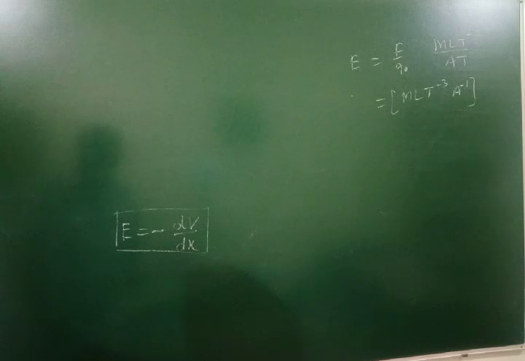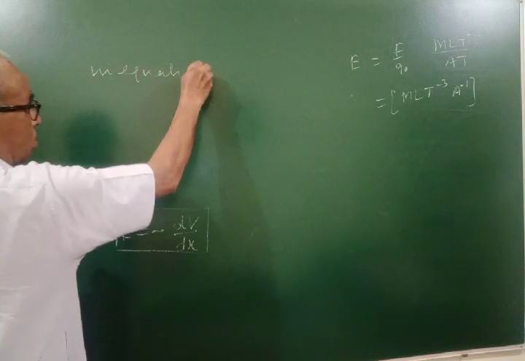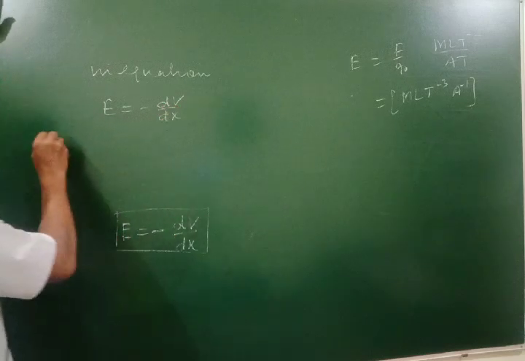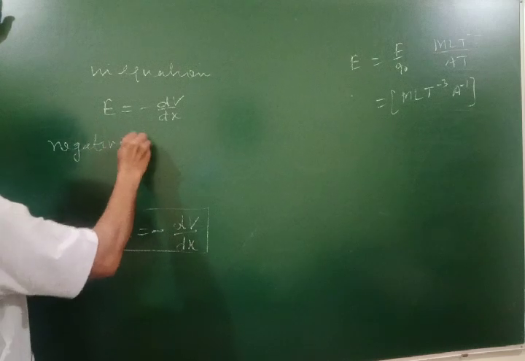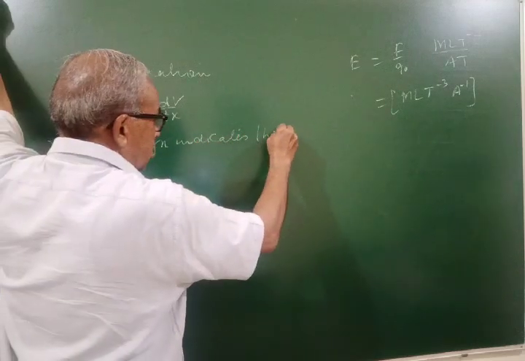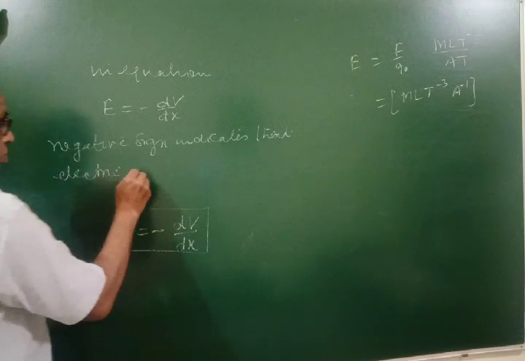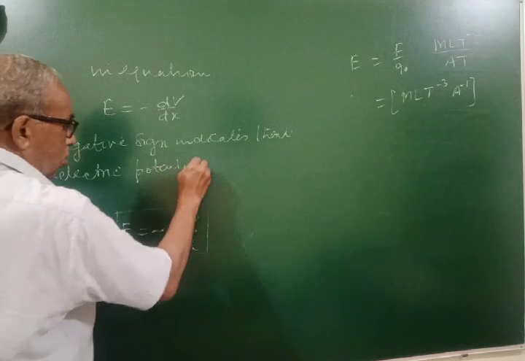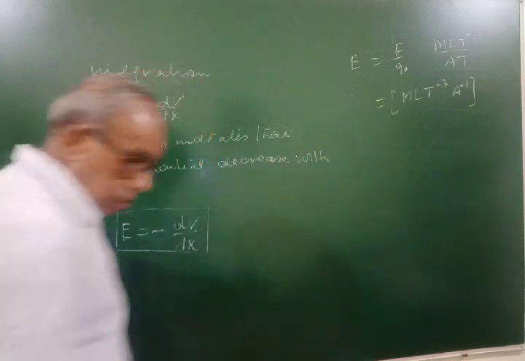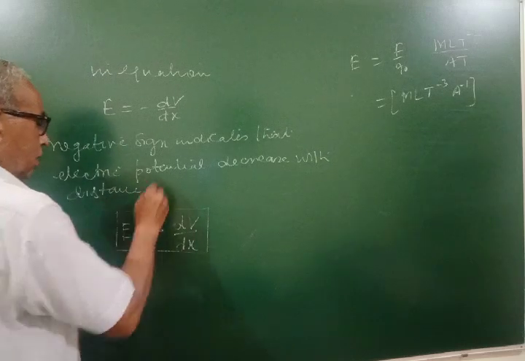The minus sign in the equation E equal to minus dV over dx, the negative sign here, indicates that electric potential decreases with distance in the direction of the field.